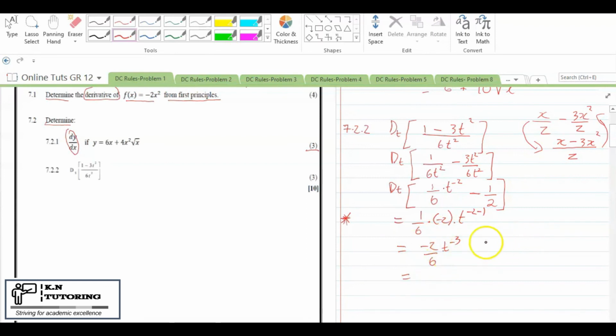So this t to the minus 3, I'm going to write it as 1 over t cubed. So minus 2 over 6 multiplied by 1 over t cubed. What is 2 divided by 6? 2 divided by 6 is the same as 1 over 3, but we have a negative, and then t cubed will be there, and that will be the final answer.